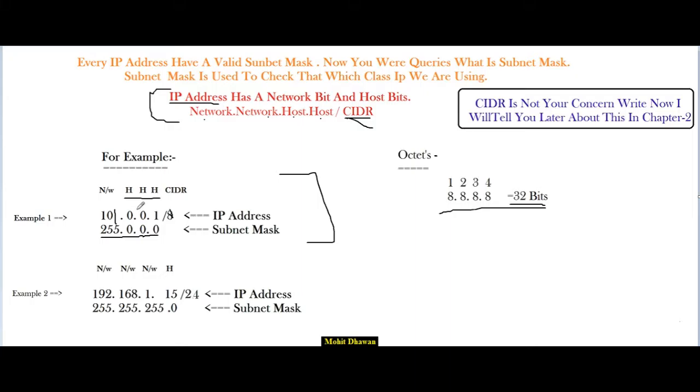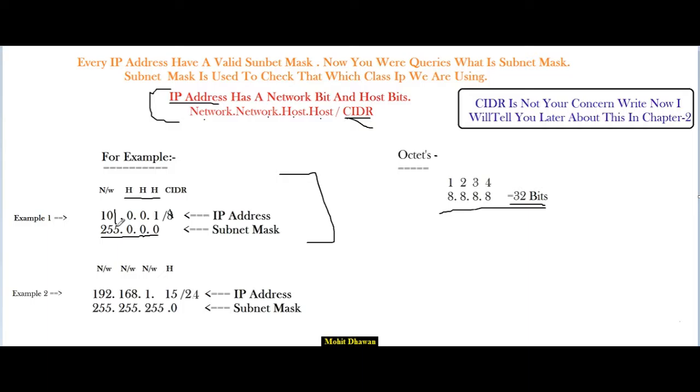If the second one is also full, then we have to give it 255 as well: 255.255.0.0. But here only the first octet is full, and the remaining three are not full, so I have given only 255.0.0.0. Correct.